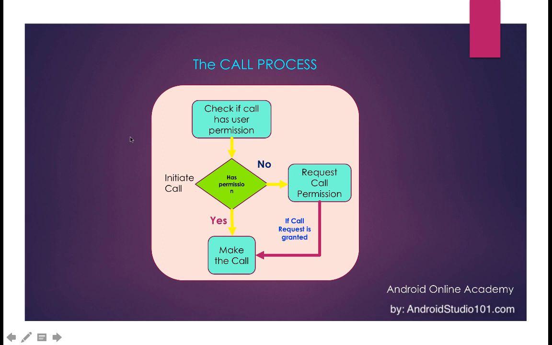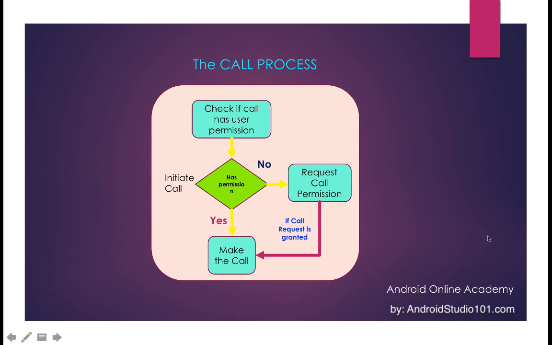This entire process is called initiate the call. But if there is no permission, your code should request call permission. So you have a procedure for requesting call permission. And if the call request is granted, it redirects the code to the make the call procedure in your app, the portion of your app where the code is making the call.